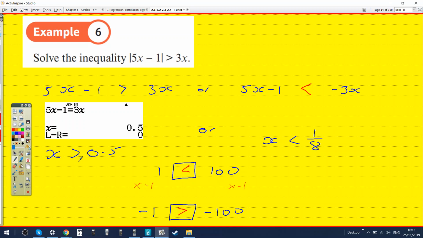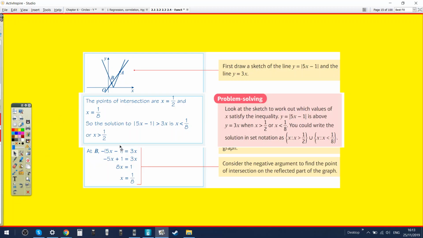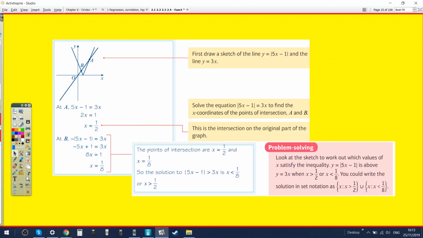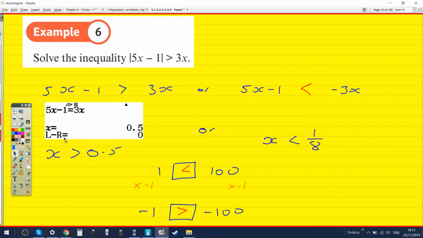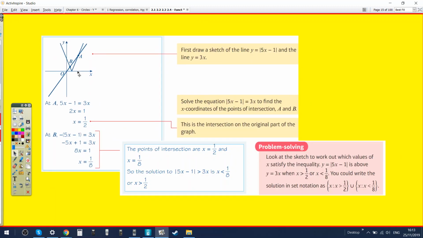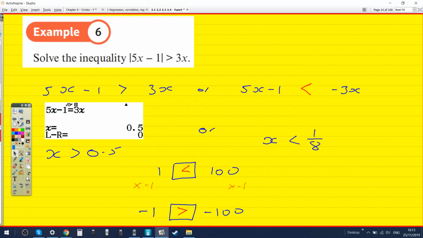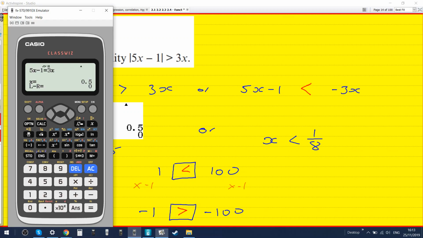Let me think about this. No, that's okay. Let's just take a look. So x is greater than 1/2, x is less than 1/8, and that's what we have. You can solve it graphically, but basically the negative one will always flip the inequality. Strangely enough, I couldn't put it in my modulus thing.